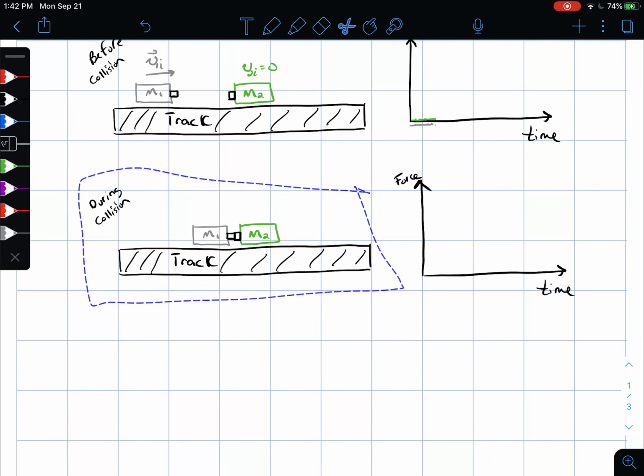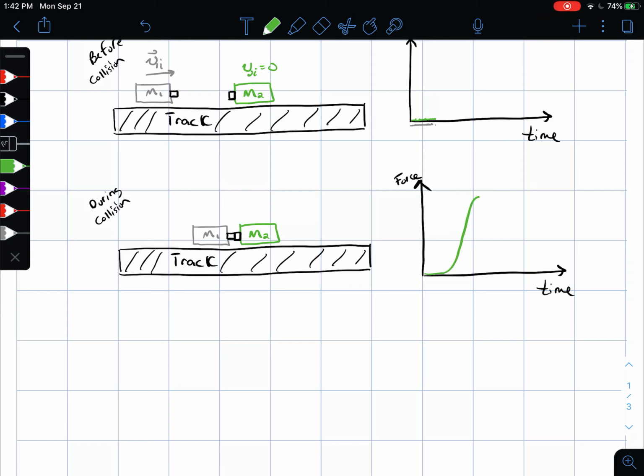And the force versus time graph, so this was before they were in contact. Once they were in contact, you saw something that looked like this for one of the carts, and then something that looked like this for the other cart.